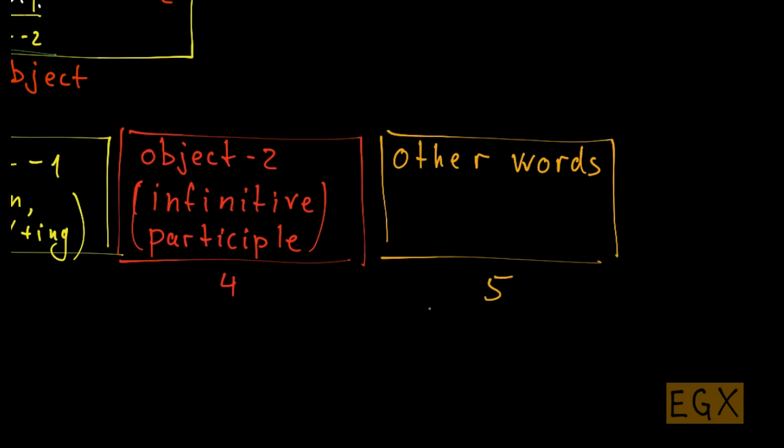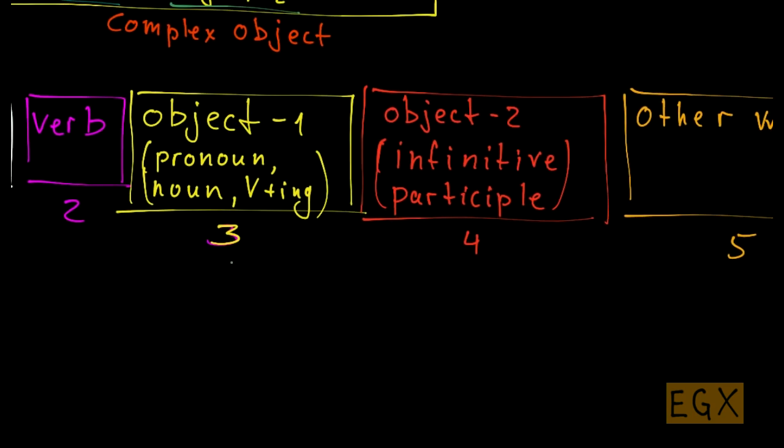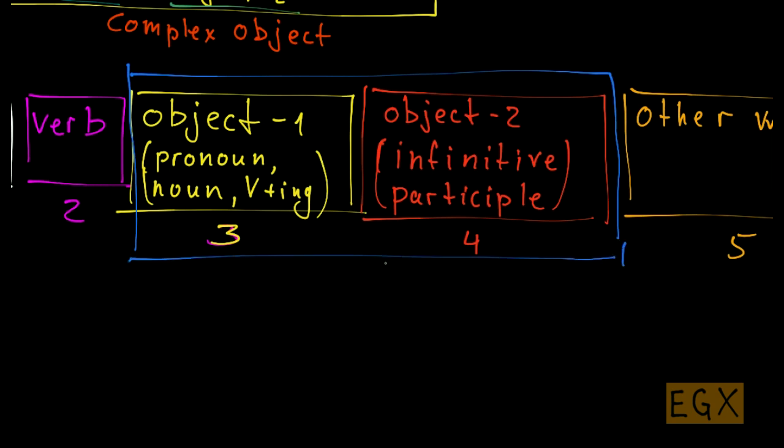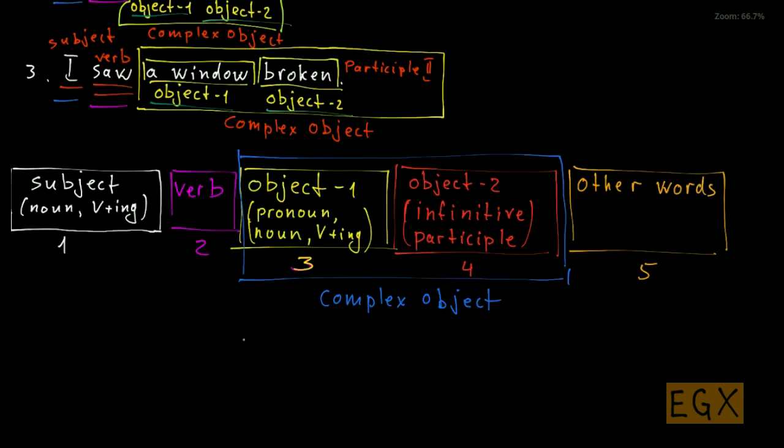It's the fifth position, but I'm particularly interested in these two guys, object number 1 and object number 2, because this is my complex object. And this is it. As simple as that.